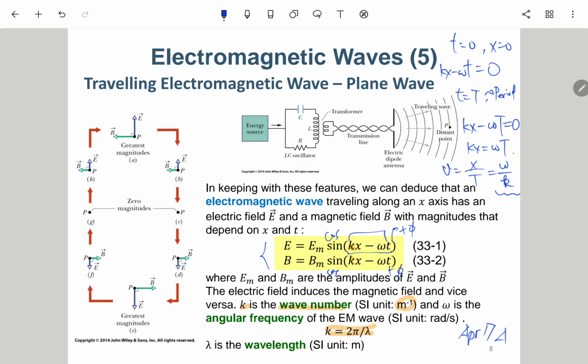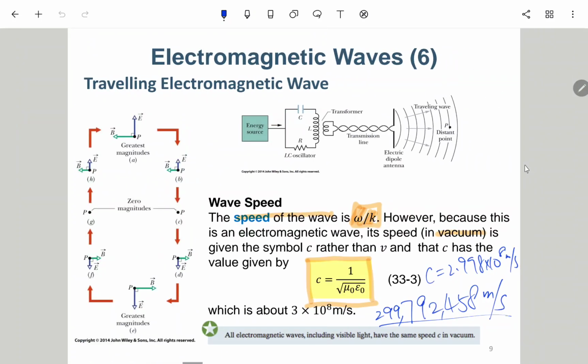So at t equals capital T, which is a period, x will be the phase 0 moving from the original point to that point. This is like the displacement of that wave, so this v is x over capital T, which is omega over k. So this is the speed of the wave.